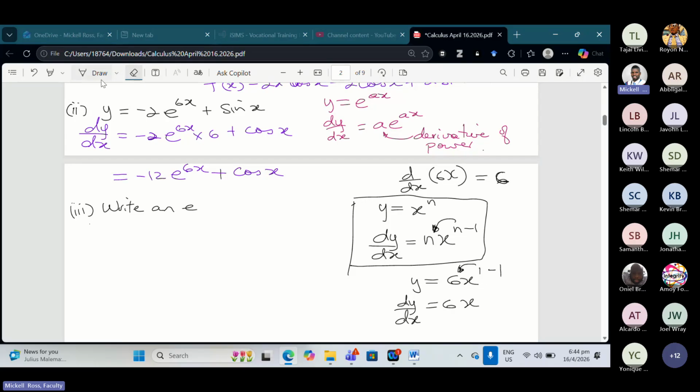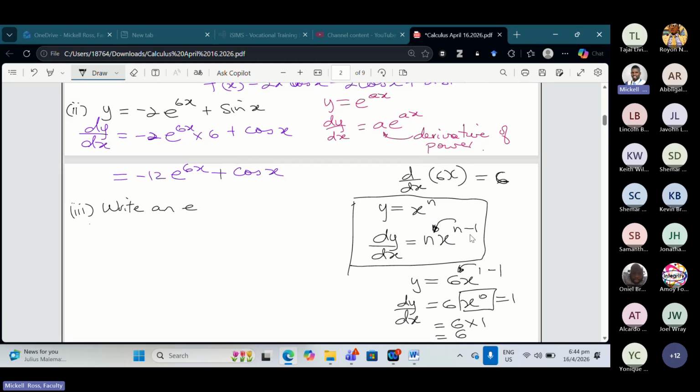Now, we learned from indices that anything raised to the power of 0 is equal to 1. So x to the 0 is 1. So what we're saying here is that it's going to be 6 times 1, which we end up with 6, which is what we get right here. So that is how we do the differentiation.